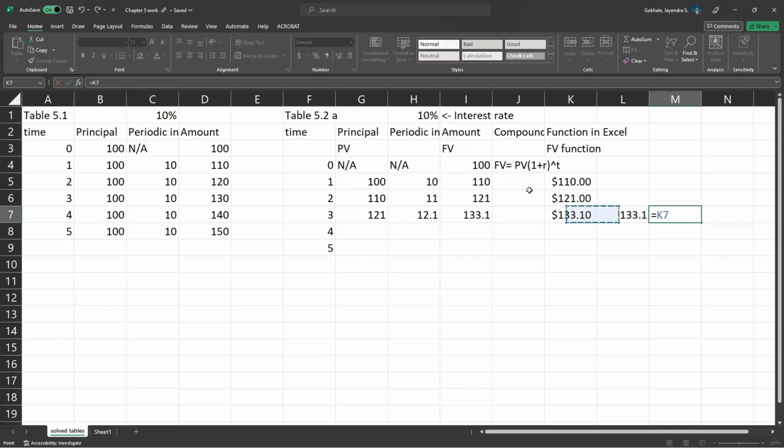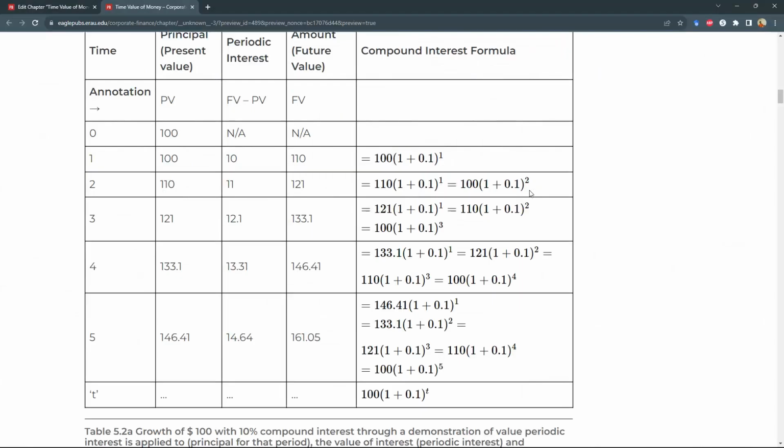We can get the 133.1 from 100. So equals this times parenthesis 1.1 to the power of this minus this, 133.1. So we got it from 100, we got it from 110, and we got it from 121. And that's exactly what's being illustrated in this figure.